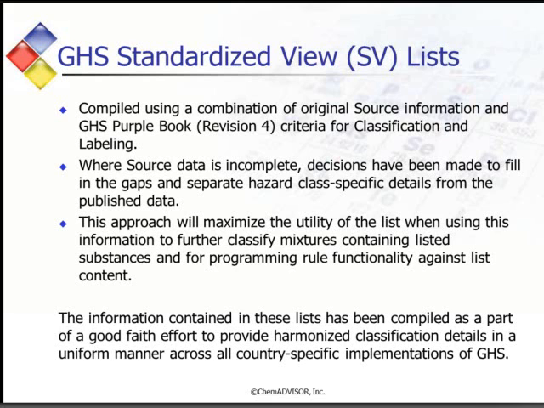Where source data is incomplete, our team has made decisions to fill in the gaps and to separate hazard class specific details from the published data to enable us to have endpoint specific lists and to present a uniform scope of details for each CAS number, for each classification.